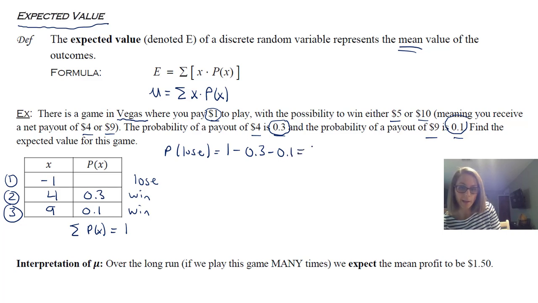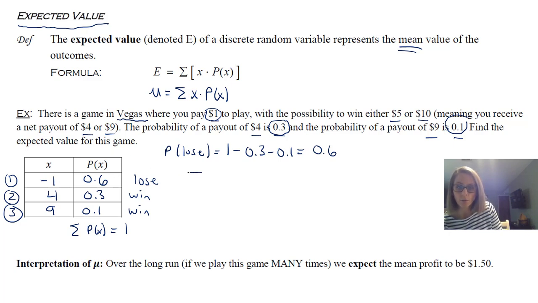And by doing that, we get 0.6. So the probability of losing is pretty high. That is not uncommon. We are talking about Vegas here. So that's why we have the high probability of losing.